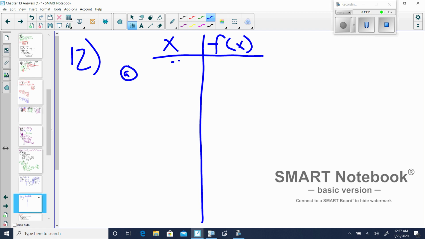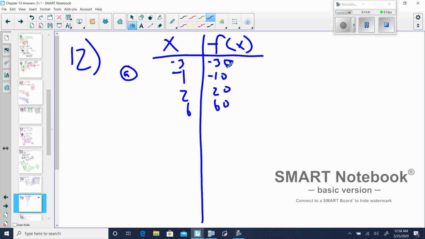we have -3, -30, -1, -10, 2, 20, and 6, 60. Huh.